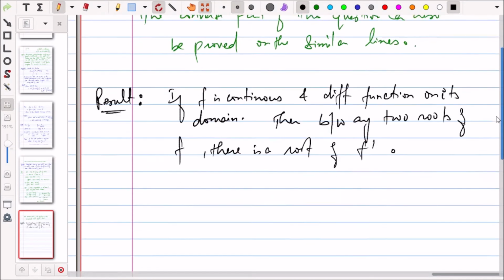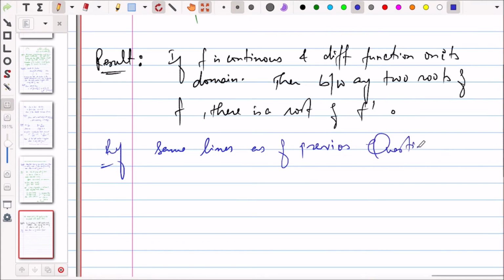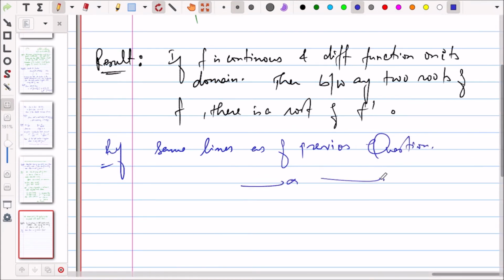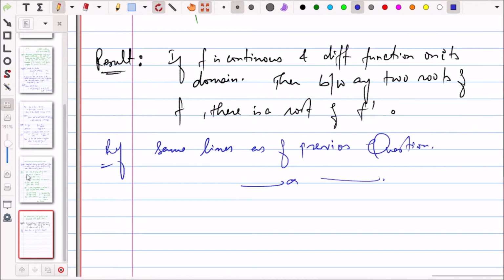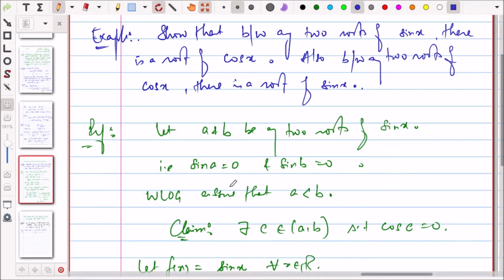सेम lines पे इसका proof भी आ जाएगा, same lines as of the previous question. Is it fine? So you can prove it yourself. यहाँ पे you will pick any two, let a and b be any two roots of f. Sin की जगह f हो जाएगा. So f(a) is 0, f(b) is 0.